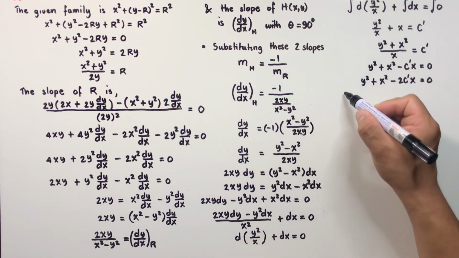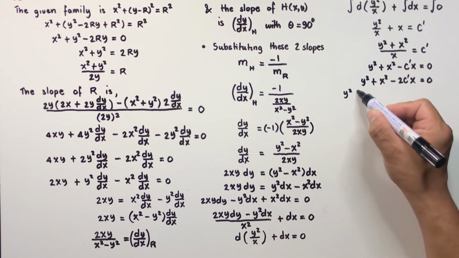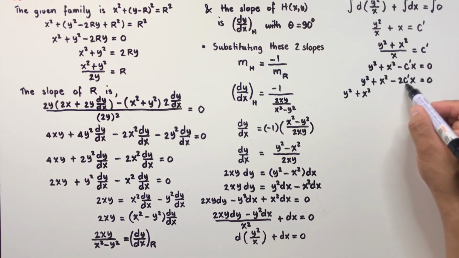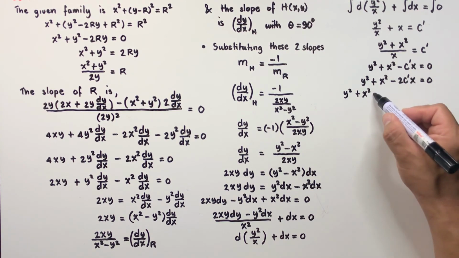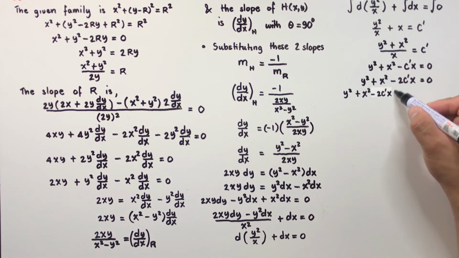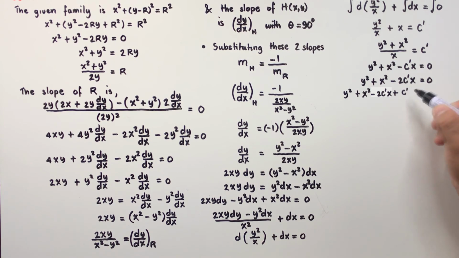And to complete the square, we have to get the half of the numerical coefficient for x, and the half of 2c prime is just c prime. So this is added to c prime quantity squared, and because we are adding c prime squared at the left, we need to add c prime squared at the right.